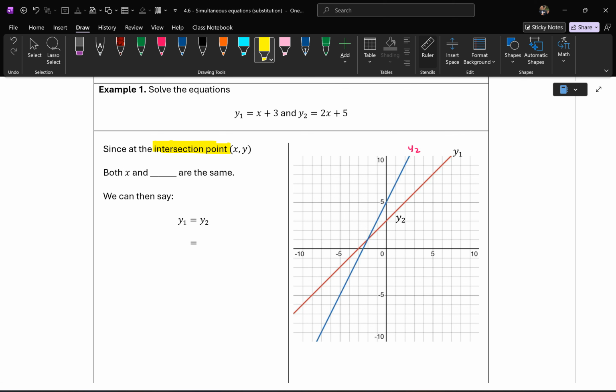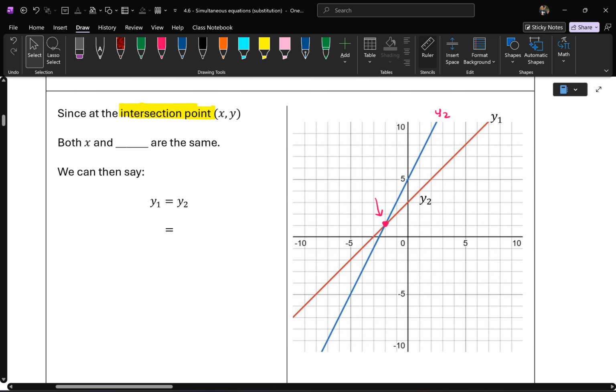Now looking at the graph, the point of intersection clearly occurs right at this particular point. What's the coordinates of this particular point? Can I please have, let's go with Billy. Point of intersection, what would that coordinate be?